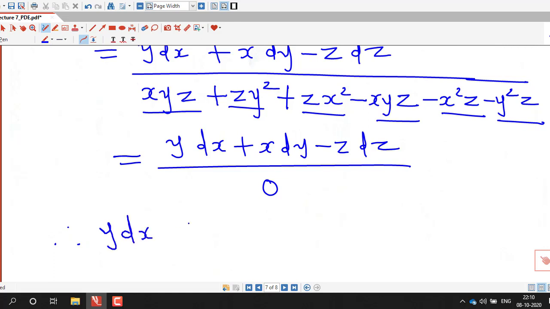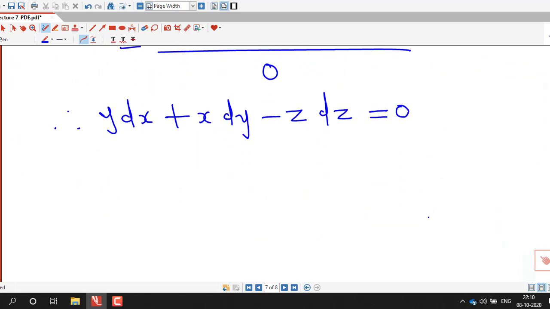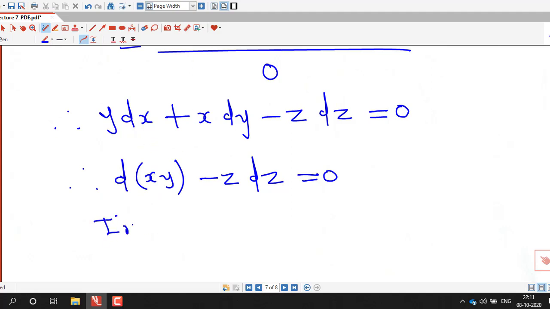Therefore y dx plus x dy minus z dz equal to 0. Now this y dx plus x dy is nothing but the differential of x into y, minus z dz equal to 0, because d of x into y will be x dy plus y dx.